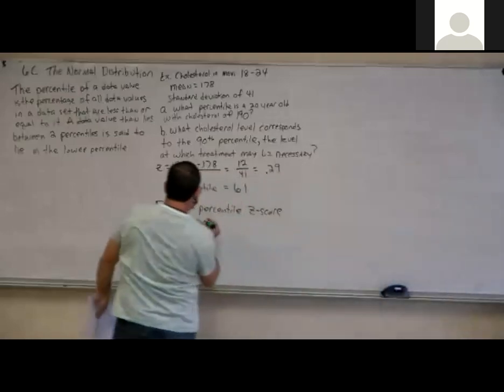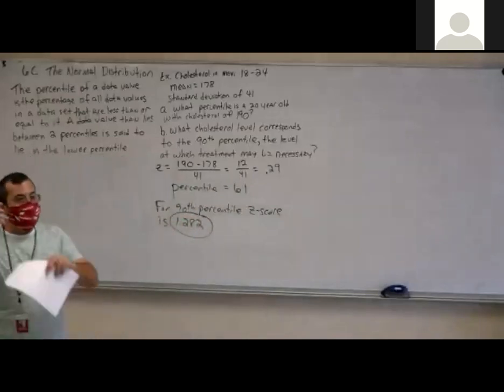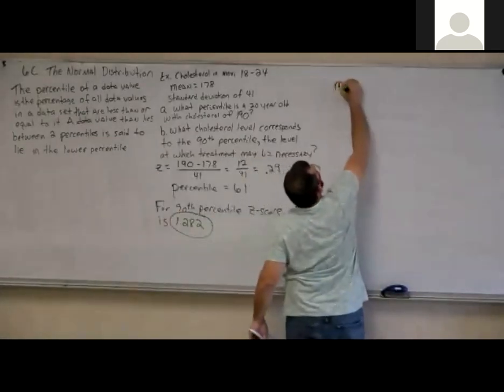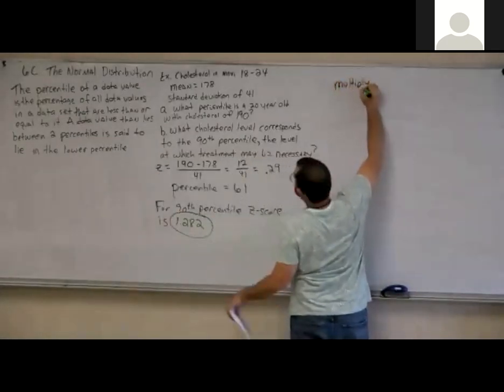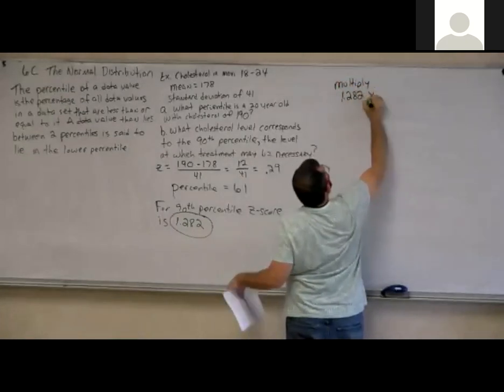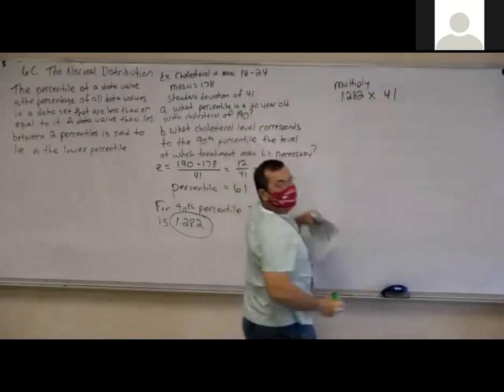So we take this z-score for the percentile and multiply it by the standard deviation. So we're going to multiply 1.282 times the standard deviation, which was 41.